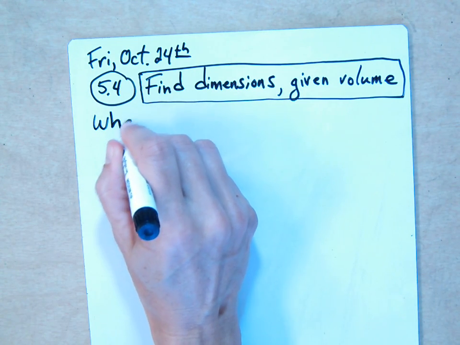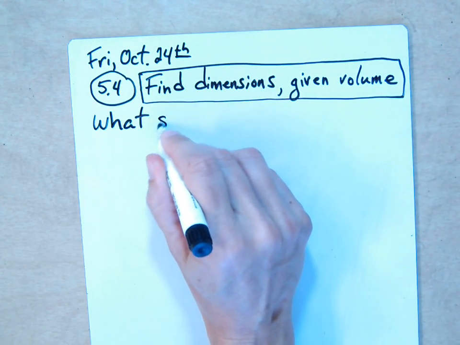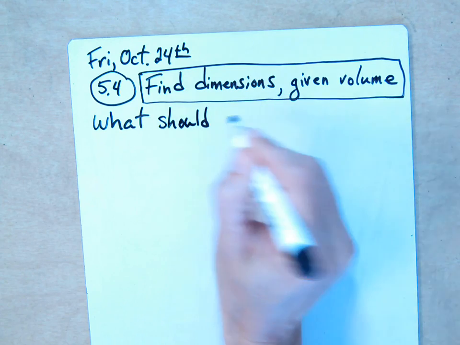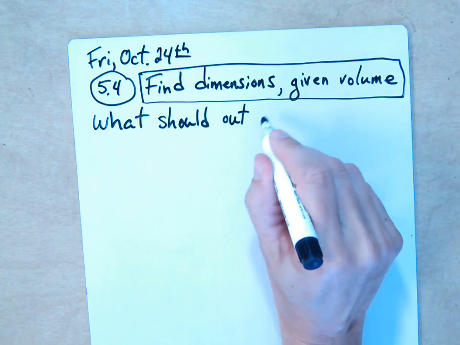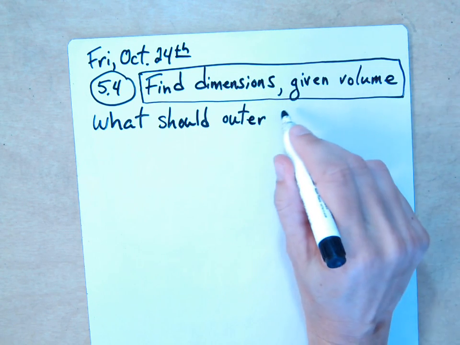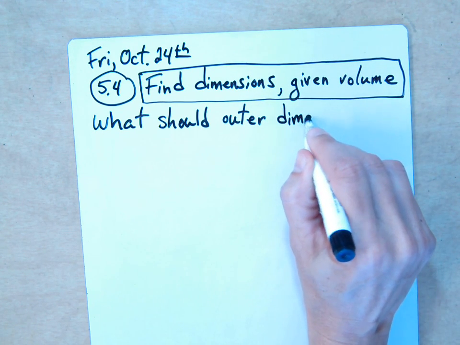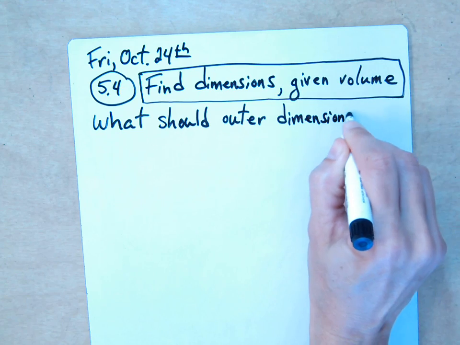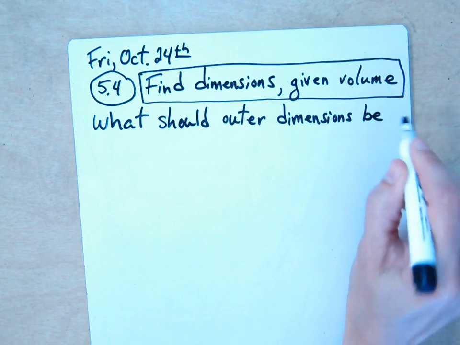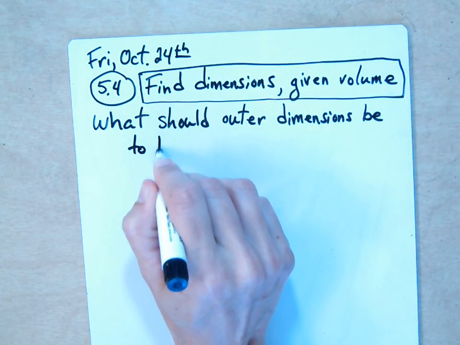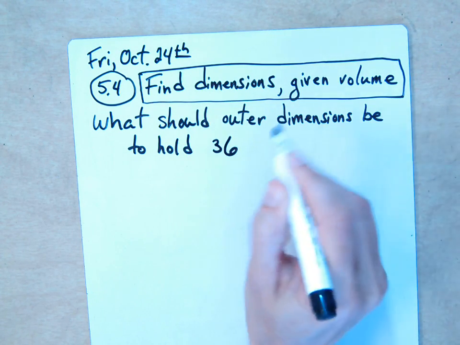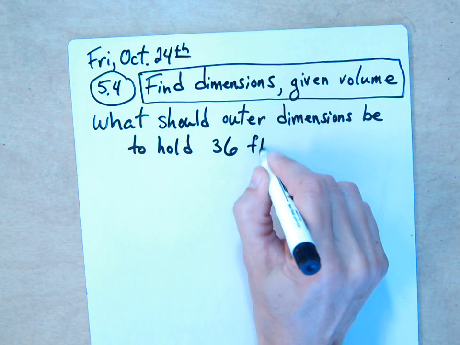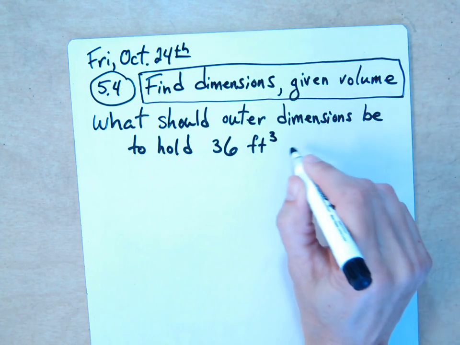So what should the outer dimensions be to hold 36 feet cubed of water?